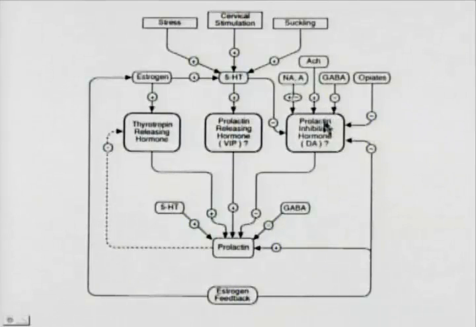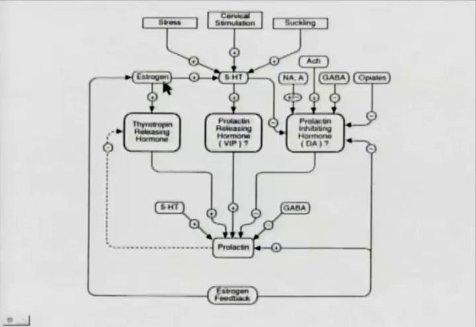Acetylcholine has a direct excitatory effect on the dopamine release, and GABA, obviously the brake pedal, and opiates, for the endogenous, opiates refers to exogenous, but anyway, have an inhibitory effect on dopamine, so disinhibiting and increasing prolactin release.